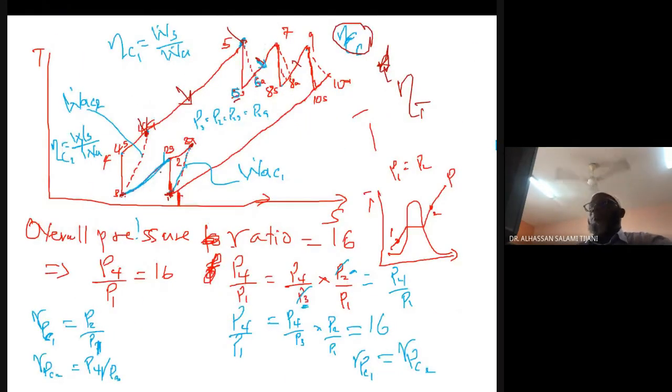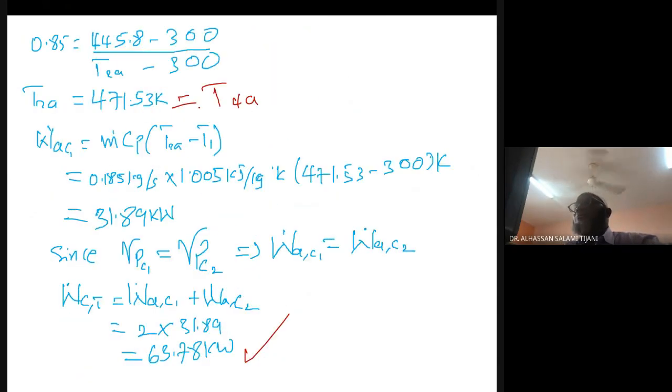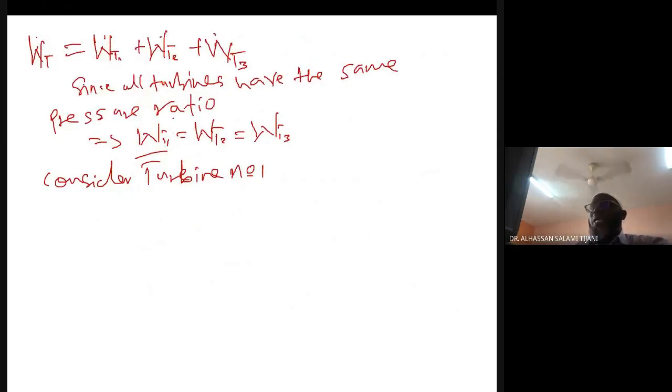You see, maybe we need to redraw that diagram for us to appreciate what we are doing over here. See, the whole cycle again can be put together like this. We have the TS diagram for the whole cycle.